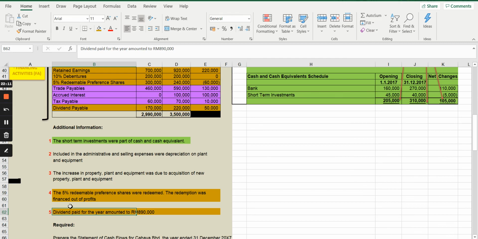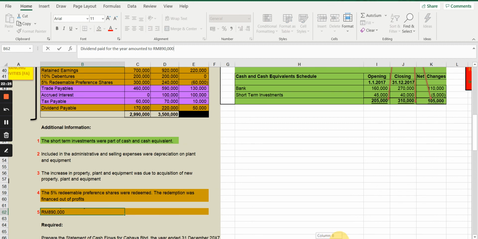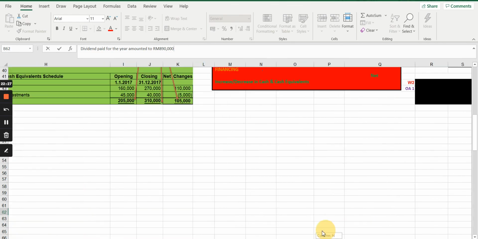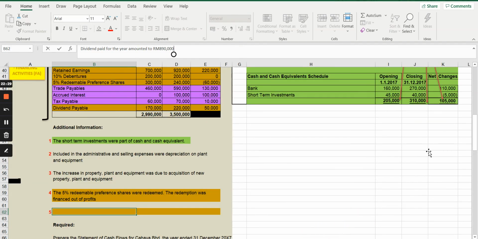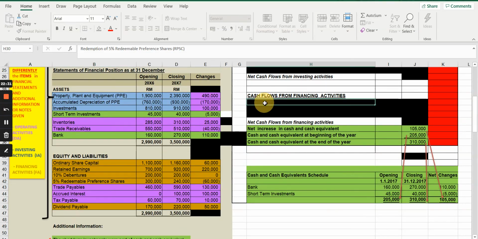So you can now start doing the financing activities as I say to you, and this is the first item that you will include, which is dividend paid. And here you are given directly, so you don't have to open up the account for this. You can straight away put that item, 890,000, in your cash flow.